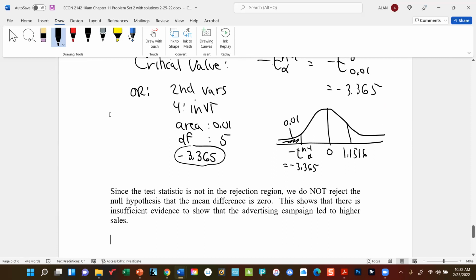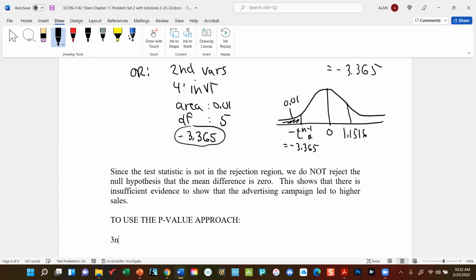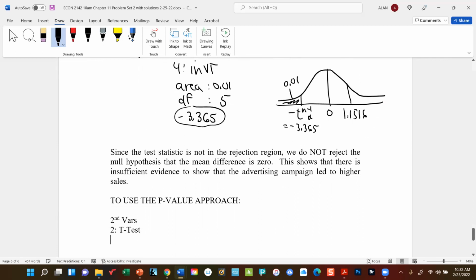Now we get to try our hand at the p-value. All right, so we go to second vars, t-test. And again, here we can do this in two equivalent ways.